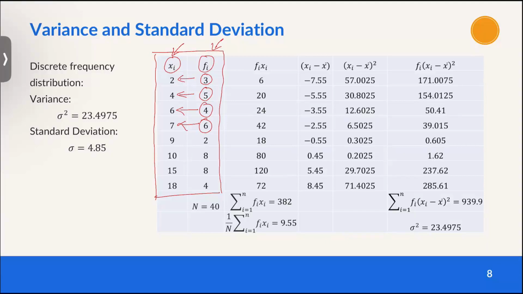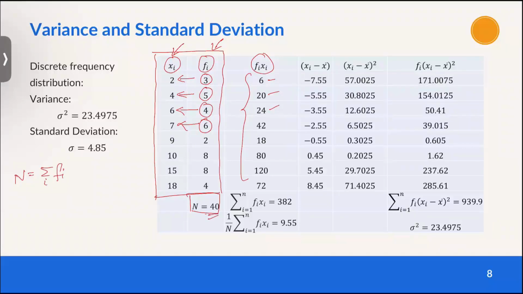So what will we do? As the table is very similar to the mean deviation, first we'll calculate fi times xi. So we'll multiply 2 times 3 is 6, 4 times 5 is 20, 6 times 4 is 24 and so on. Right? So we will calculate this fi xi. Now to calculate n, we know that n is equal to summation of fi. So we'll sum these fi's.